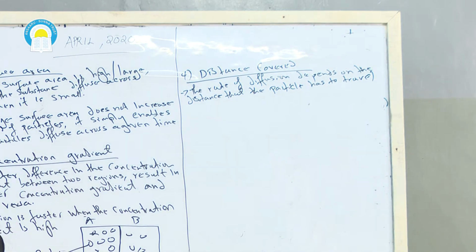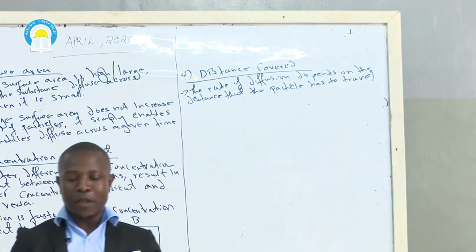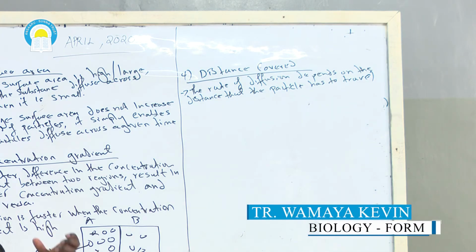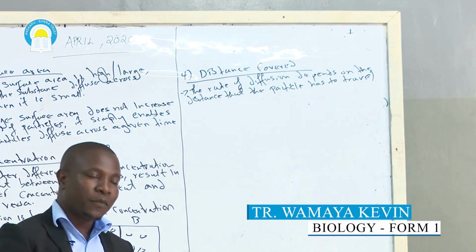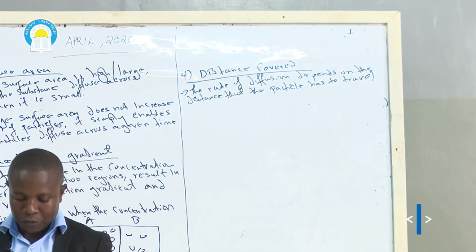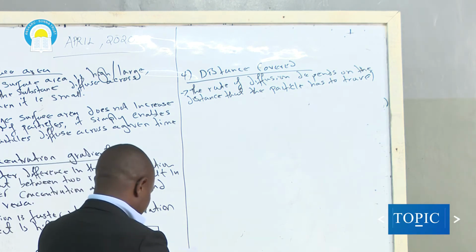So, you're being told that diffusion is affected by the distance that the particle has to travel. As per you, what do you think? If you are given the one side, it is thick, and the other side is thin, where do you think the rate of diffusion is going to be high?